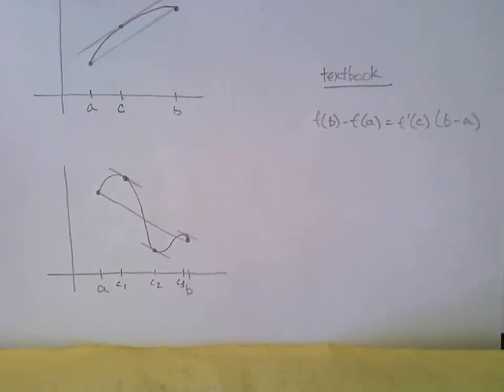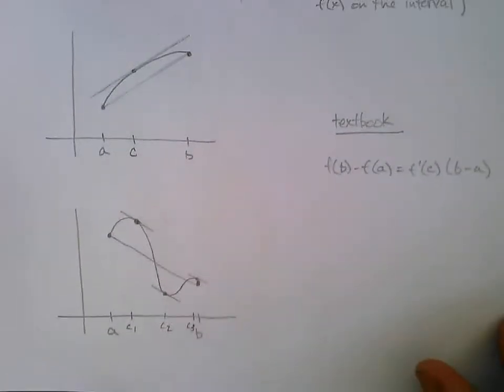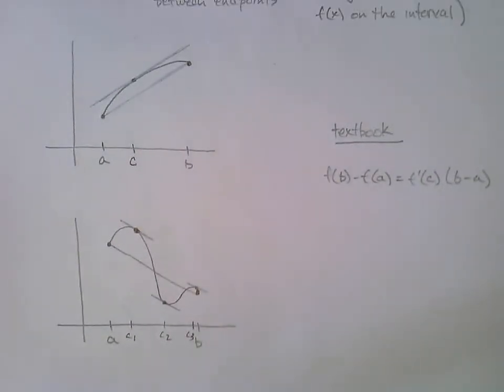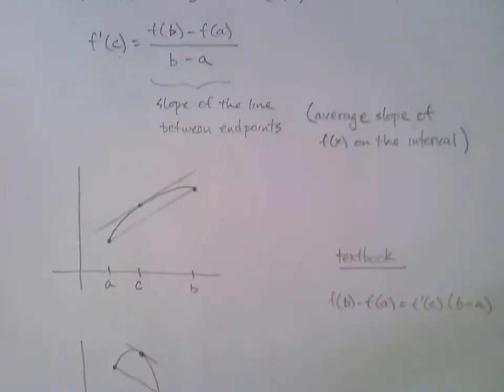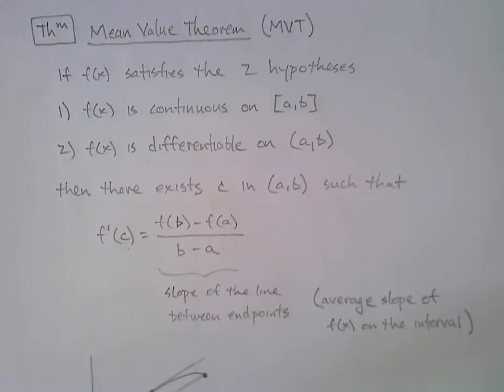And with those drawings, we can even connect it to Rolle's theorem. Rolle's theorem turns out to just be a special case of the mean value theorem. In Rolle's theorem, we said that the y values of the endpoints are the same.